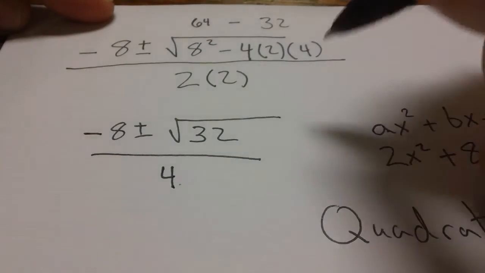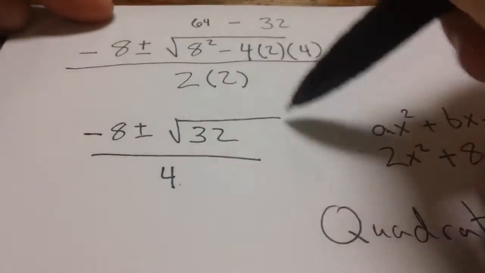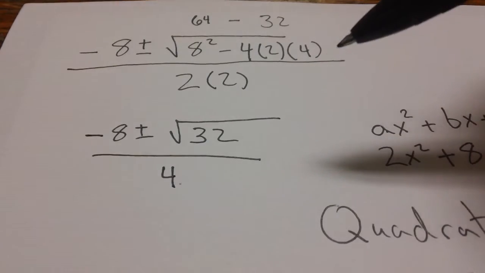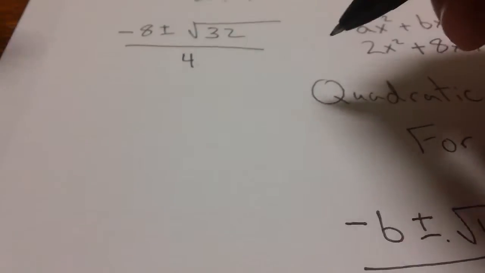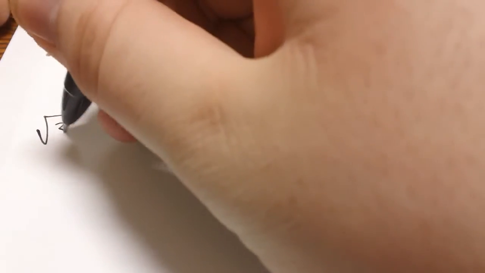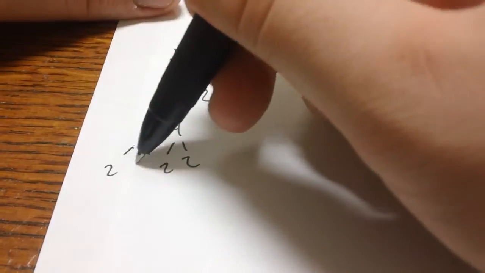Now, at this point in time, what we need to do is simplify this square root. So to simplify this square root, we'll break down the square root of 32 into its factors. 16 and 2, 16 into 4 and 4, and then each of those, of course, is just going to be 2 and 2.